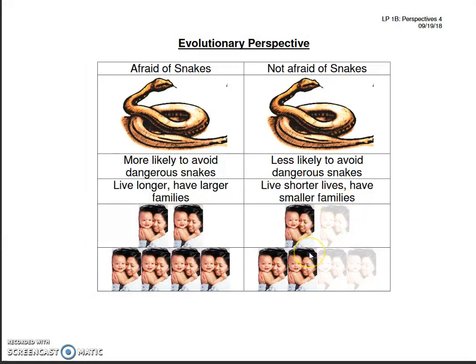So on the right-hand picture, I have some of these families in a washed out kind of image, indicating that these are families that haven't occurred because they live shorter lives and have smaller families because they've gotten bitten by poisonous snakes. So their families are going to be much smaller, and in the long run, that trait is going to be smaller within the population.